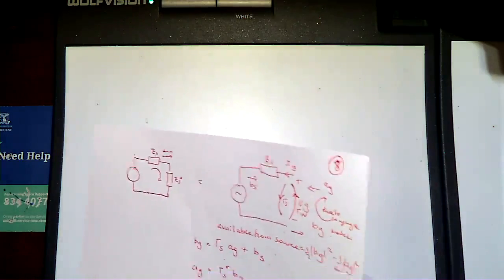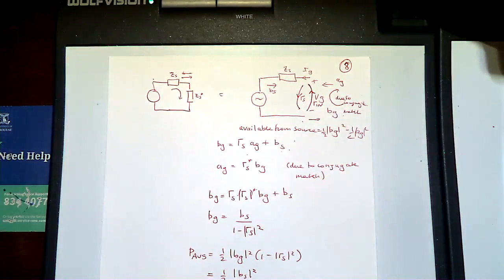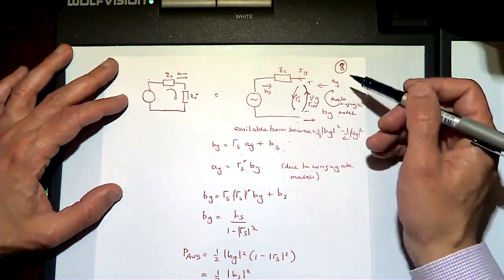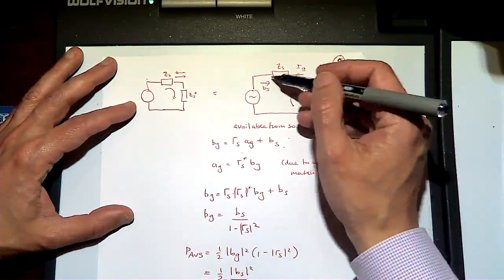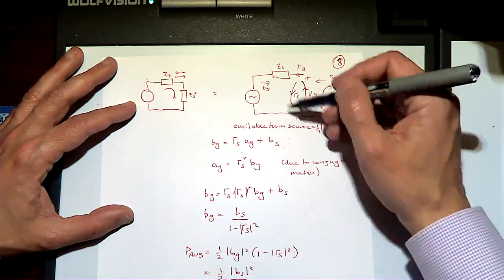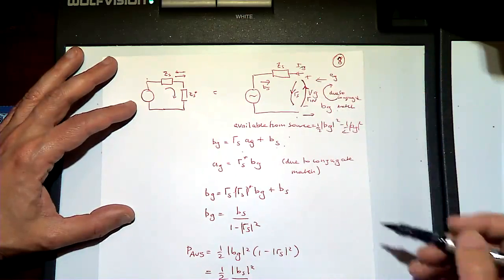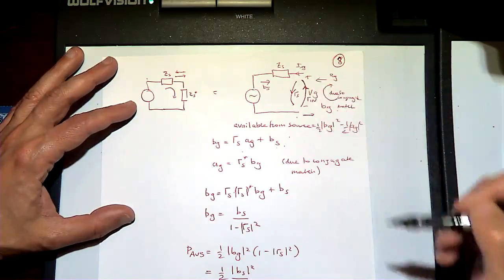And essentially what I do is go through the process of calculating this in terms of the input and output voltage waves and the reflection coefficient at this particular location.